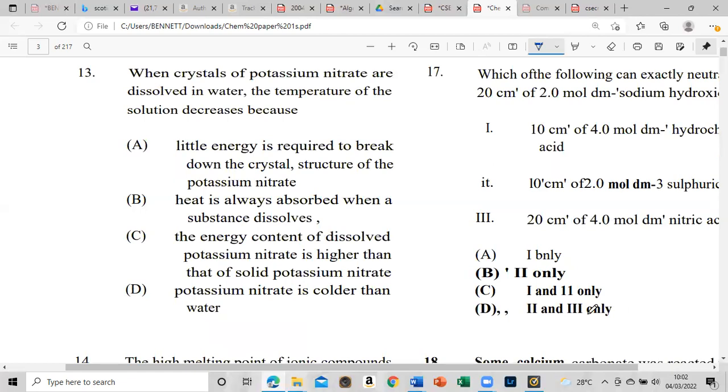And that would be C, the energy content of dissolved potassium nitrate is higher than the solid.